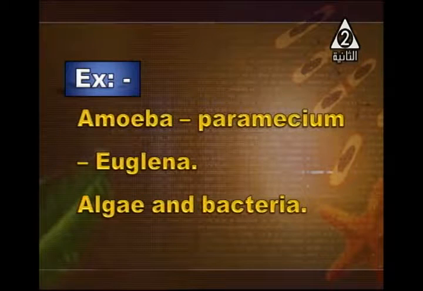This question is repeated in some governorate exams as complete the following sentences. Complete: they divide by binary fission. We will answer with any of those organisms, amoeba or paramecium or euglena.